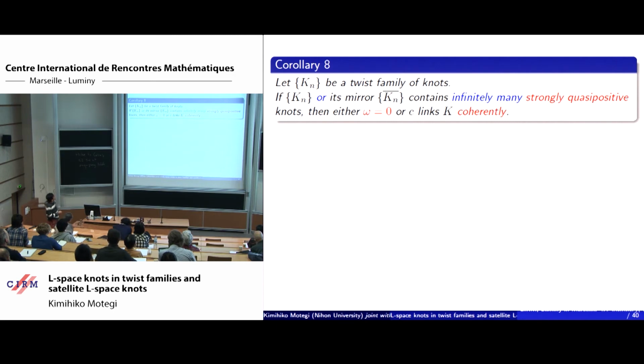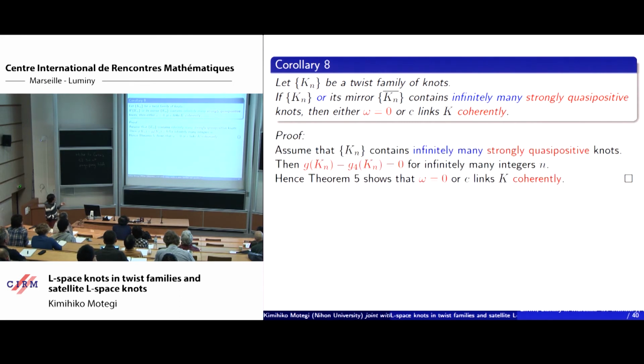And an immediate consequence is the following. Let K_n be a twist family of knots. If K_n or its mirror, where K_n bar denotes the mirror of K_n, contains infinitely many strongly positive knots, then either the winding number is 0 or C links K coherently.